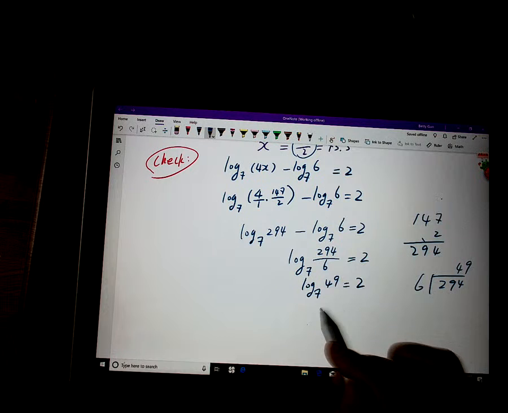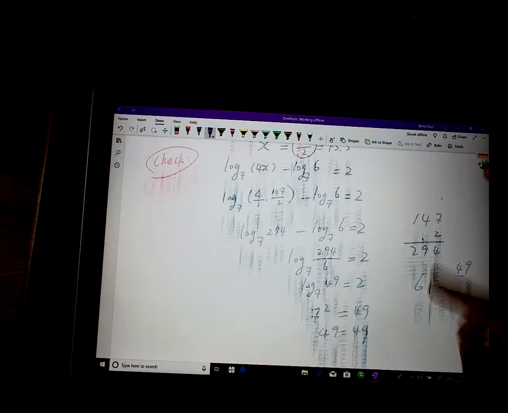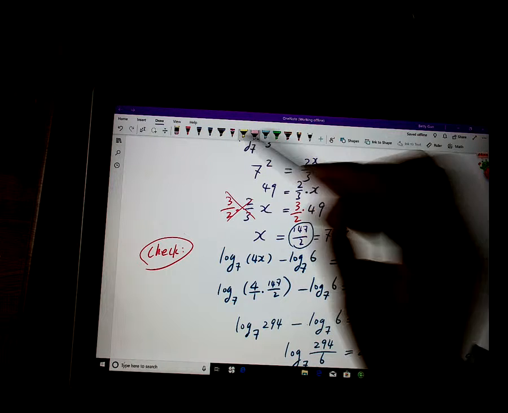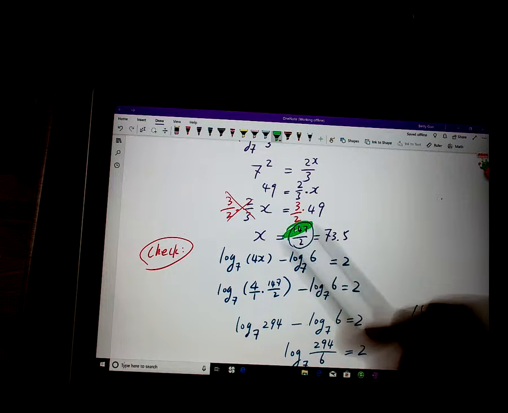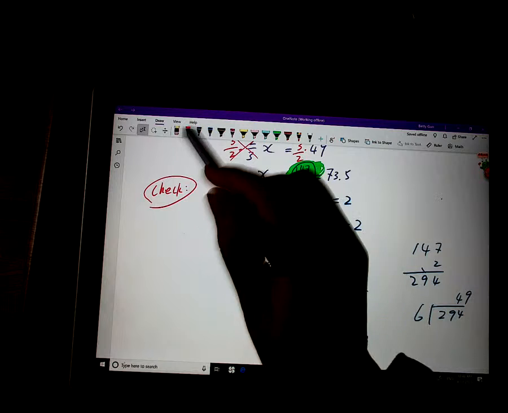Convert that equation to equivalent exponential form, 7 to the power of 2 equals 49, and that is a true statement. It means the proposed solution, this guy, 147 over 2, satisfies the original equation. It is an actual solution. So we can make a conclusion here.